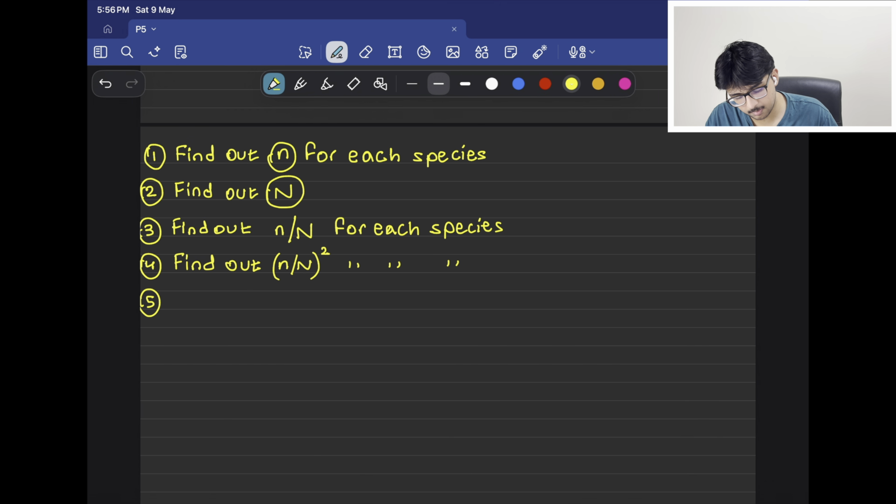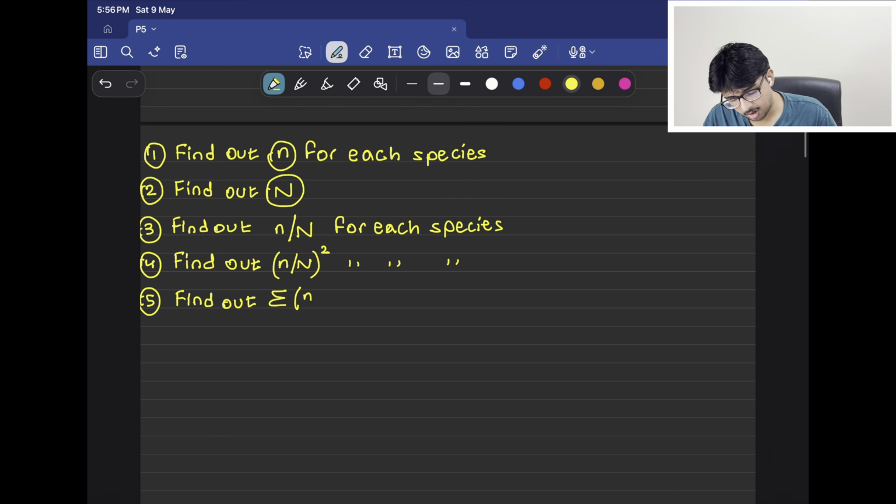And now the final step, just when you're done with that, find out sigma small n over capital N whole squared. That's it. Now you can apply the Simpson's index of biodiversity equation. What is the Simpson's index of biodiversity? 1 minus sigma n over capital N whole squared is the Simpson's index of biodiversity.